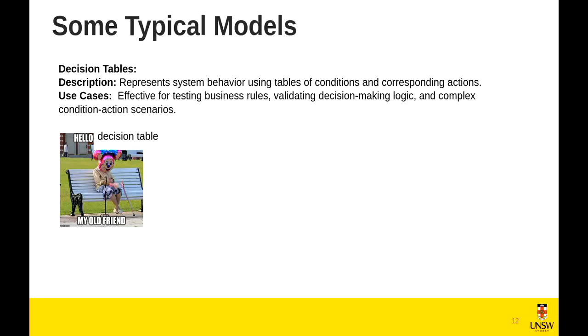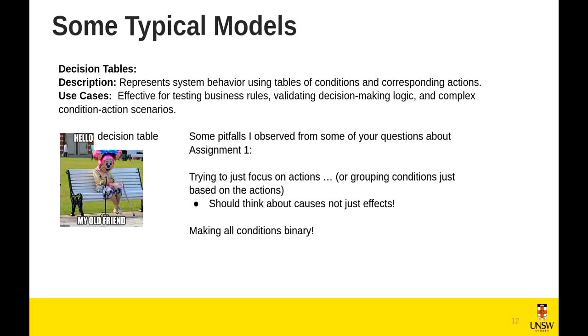The decision table here is what we have learned, and the reason to mention it again is that I observed some pitfalls from some of your questions about this easy assignment with decision tables. There are two main types of pitfalls I observed.